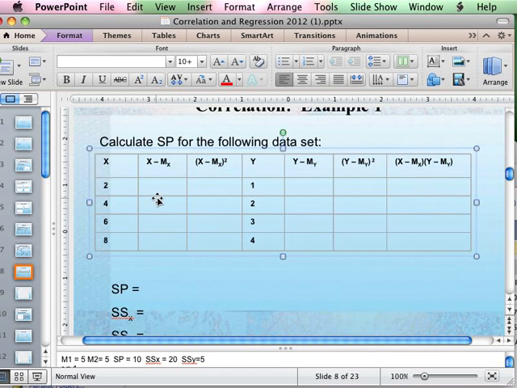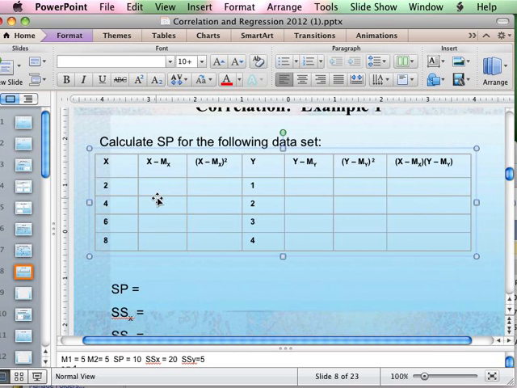And then I lastly multiply 3 times 1.5 and get a value of 4.5. Now for my sum of products, I'm just adding all those up. And when I add them all up, I get a value of 10. Isn't that nice? Fantastic.